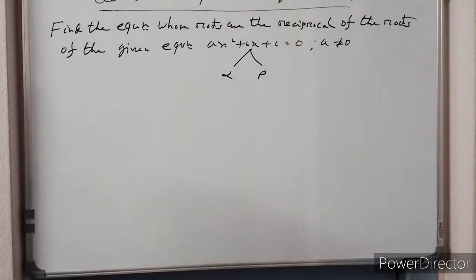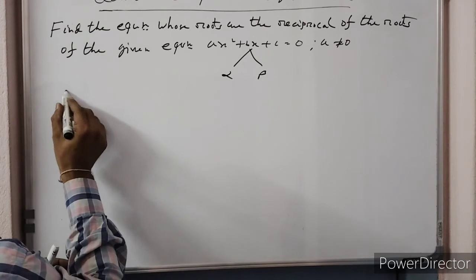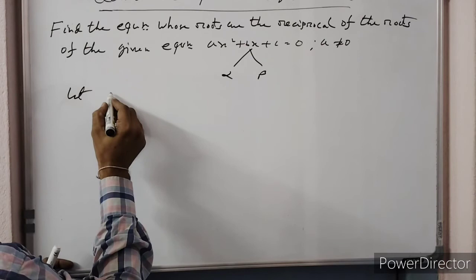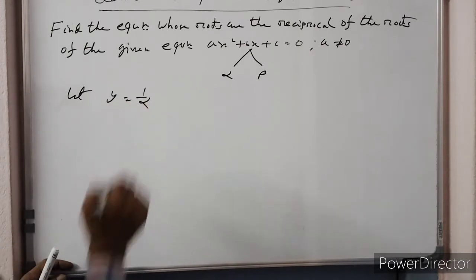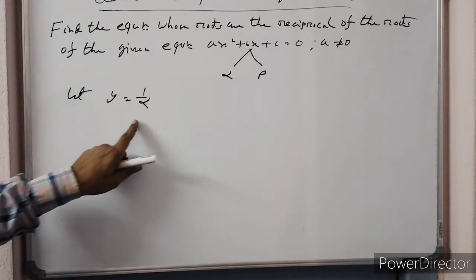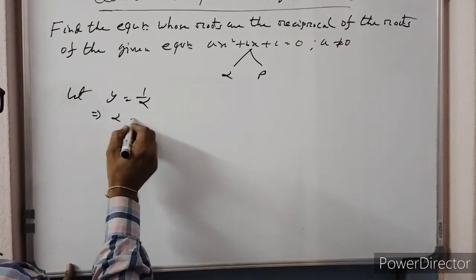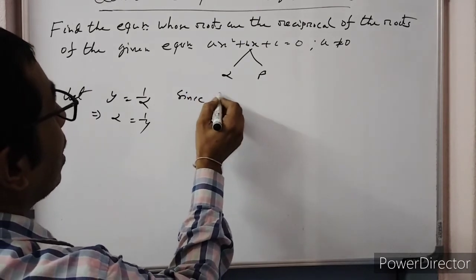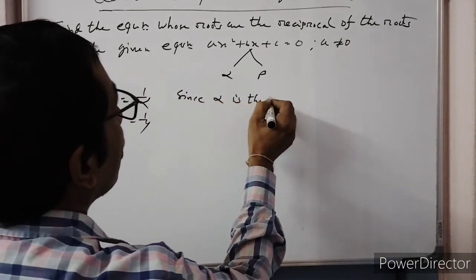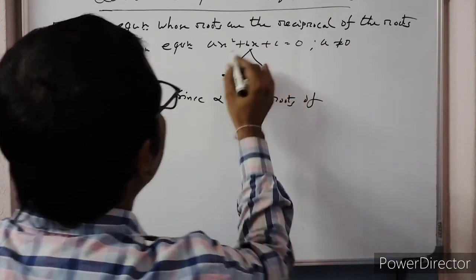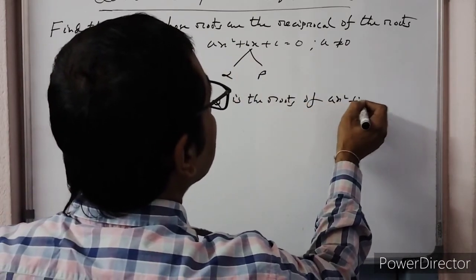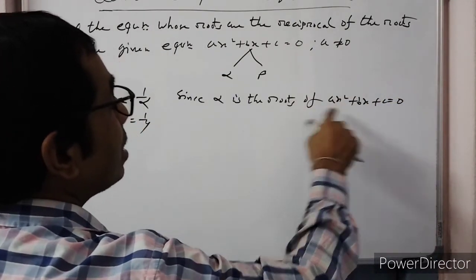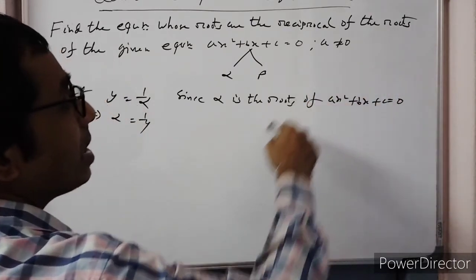Since alpha and beta are the roots of the equation, suppose let y equal to 1 by alpha, which implies alpha equals 1 by y. Since alpha is a root of ax square plus bx plus c equal to 0, it will satisfy the equation.